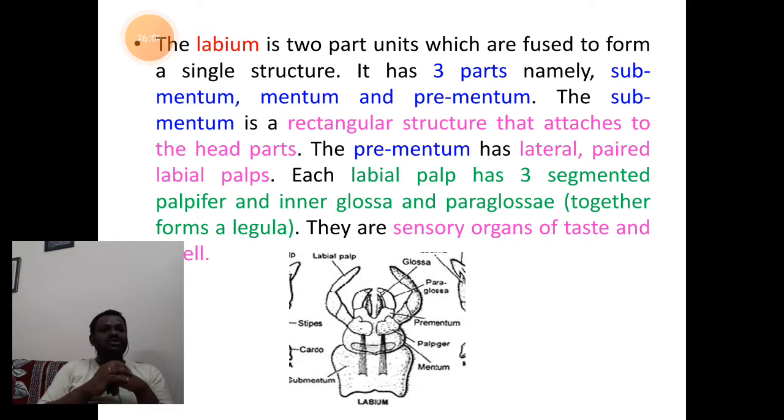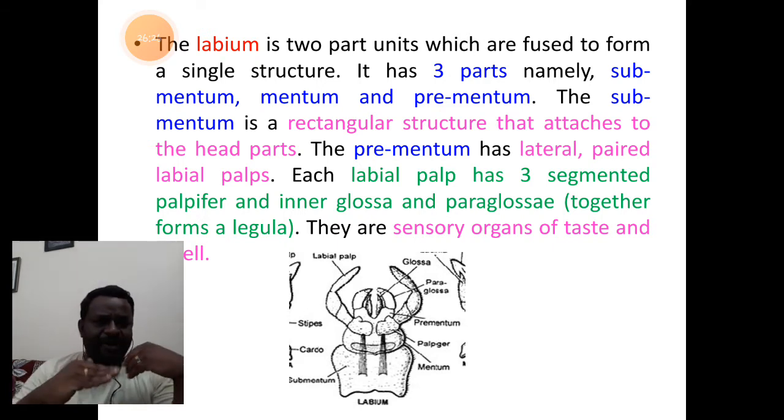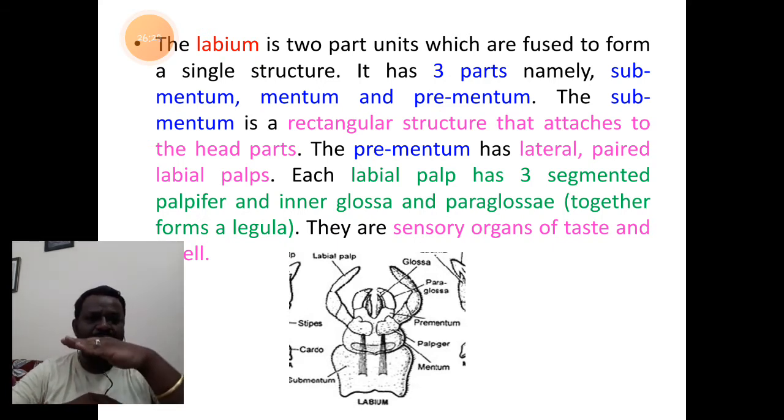Labium forms the lower lip of the organism. It initially forms two different structures. Later it unites to form a single structure as shown in the picture down. It has three parts, namely submentum from down, then comes mentum, then comes prementum.